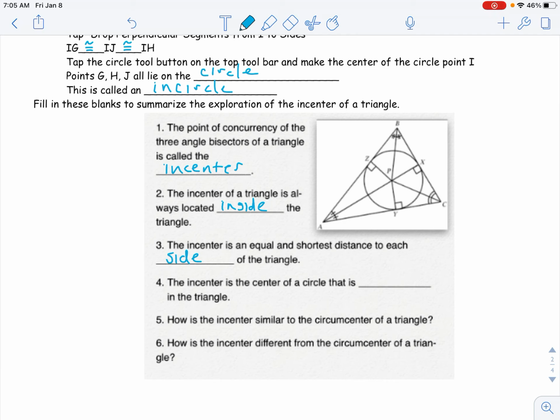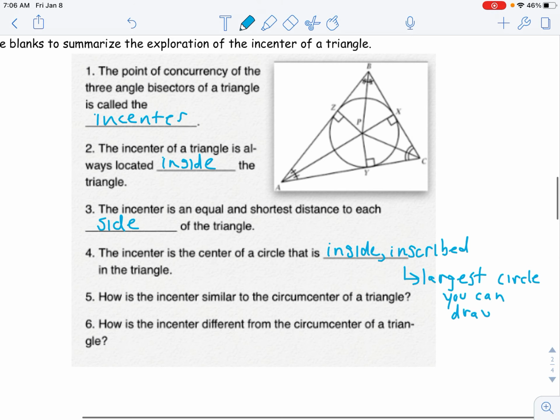The incenter is the center of a circle that is inside, or you could say inscribed, in the triangle. And fun fact, this is the largest circle you can draw inside a triangle.